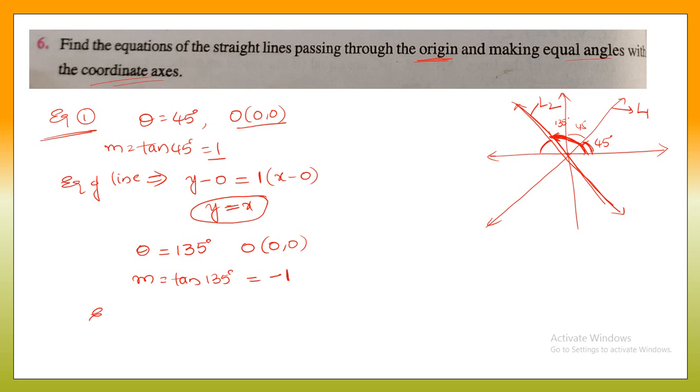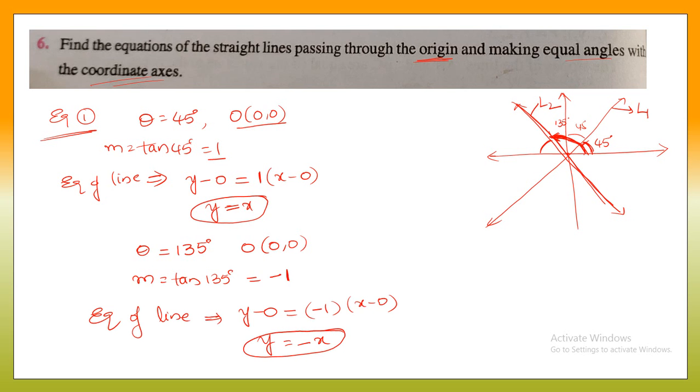So from this I can directly write the equation of the line: y minus y1 is equal to minus 1 into x minus x1. x1 is also 0. So y is equal to minus x. This is my one more line. Or instead of using the slope-point form, we can directly apply the slope form.